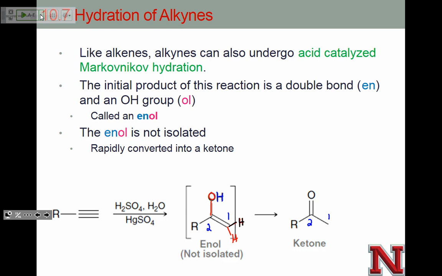And the reason why this occurs is because our carbon-oxygen double bond is more stable than our carbon-carbon double bond, because our carbon-oxygen double bond has polarity, and we have resonance with it.